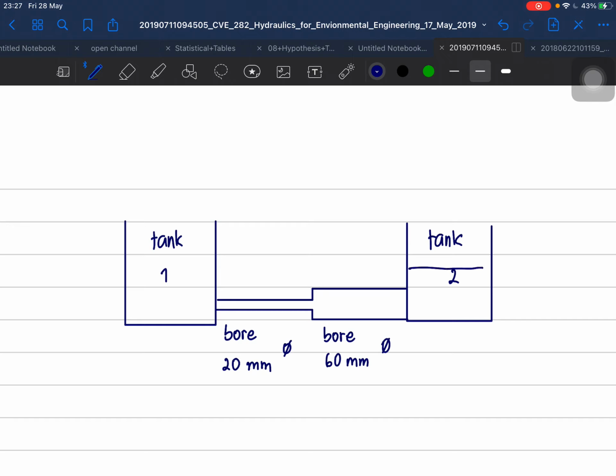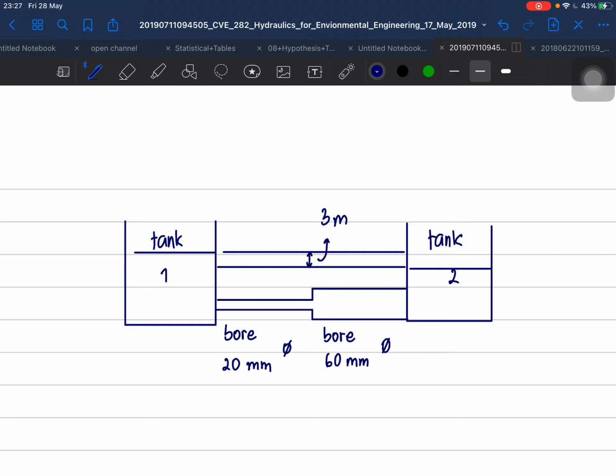The water here is at an elevation that they don't say anything about, and this would be like this, but they tell us that the difference here is 3 meters high.